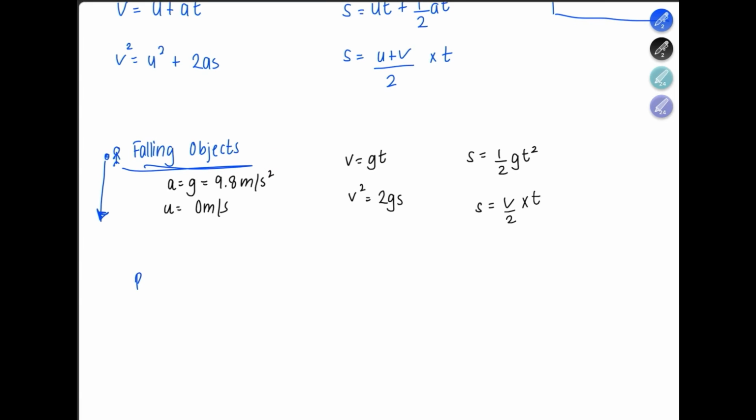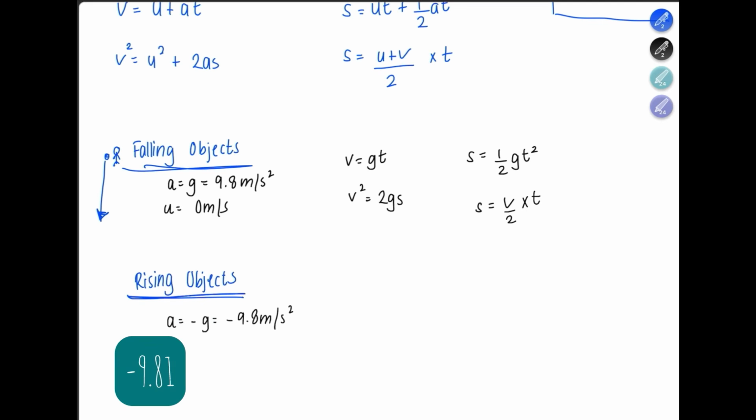Now what about rising objects? Remember, for rising objects, the initial velocity may not be 0, so you will have a value. But what about a? A will become negative g, which equals negative 9.8 meter per second square.